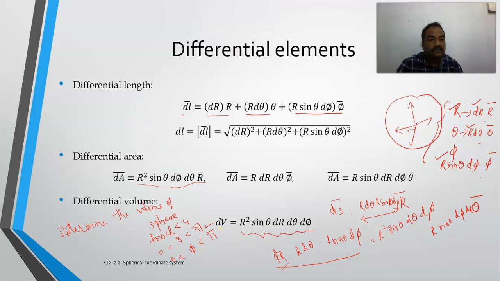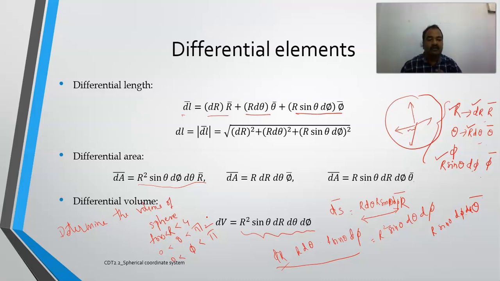Let us suppose this is a sphere where the radius will be from 0 to 4, the theta value from 0 to pi by 2, and the phi value varying from 0 to pi. Now how to determine the volume of a sphere for this particular case?